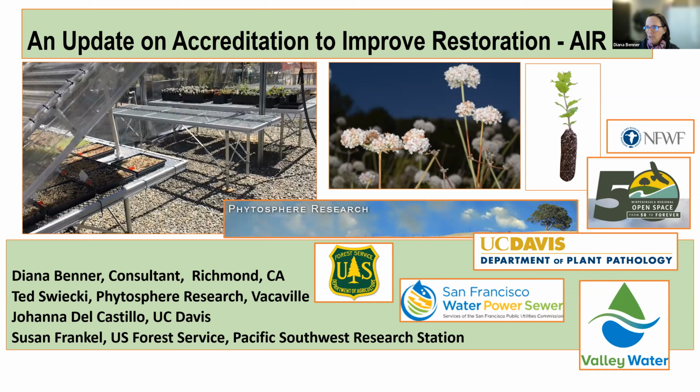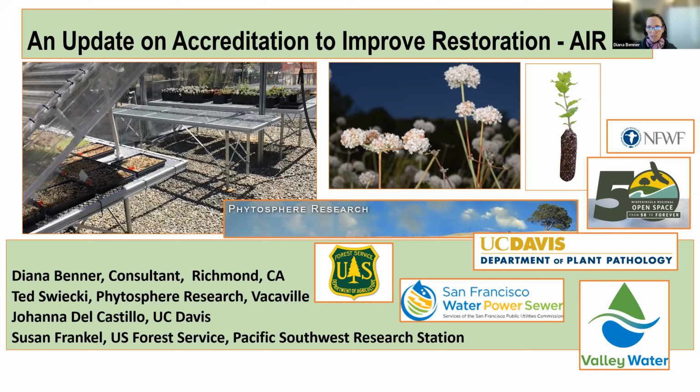I just want to give a really quick overview, since some people might not be familiar with the program. It was developed to support nurseries in their transition to implementing the CalPhytos, CNPS BMPs, and to provide project managers the peace of mind that the plants they're using for their projects had been grown using rigorous phytosanitary BMPs. Interested nurseries contact the team.